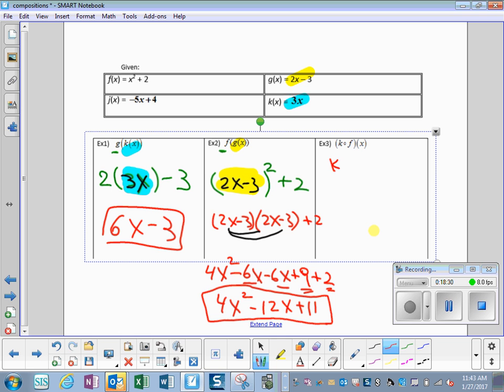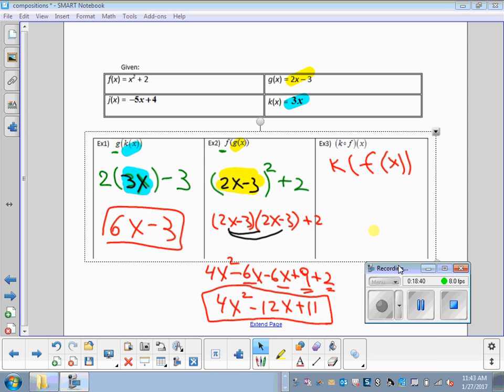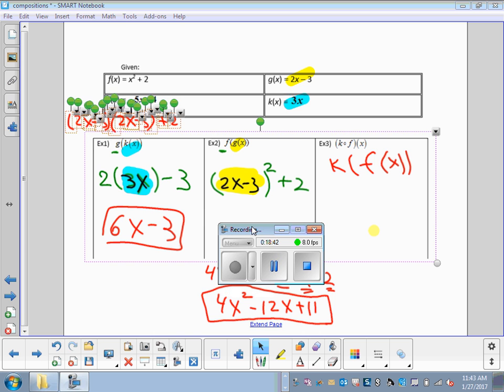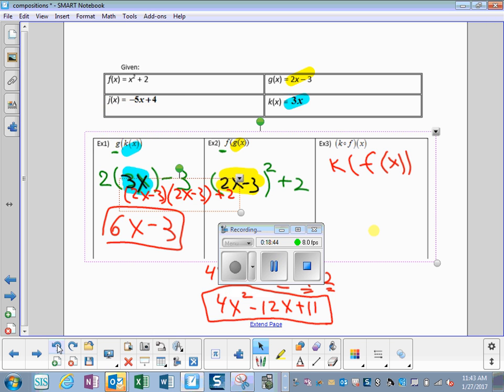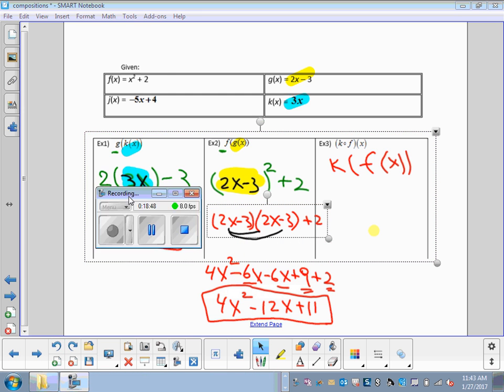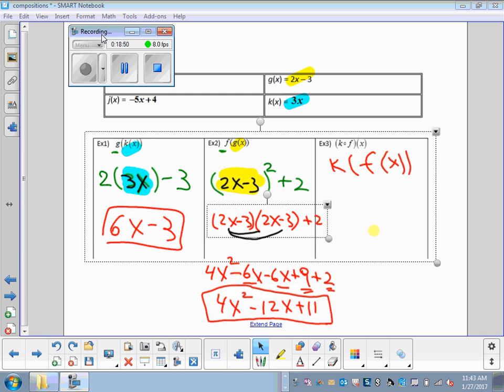So I'll just rewrite it as K of F of X. And this should help me out. Right, what's outside, what's inside. Okay, so do you want to try on your own, number 3? Sure.